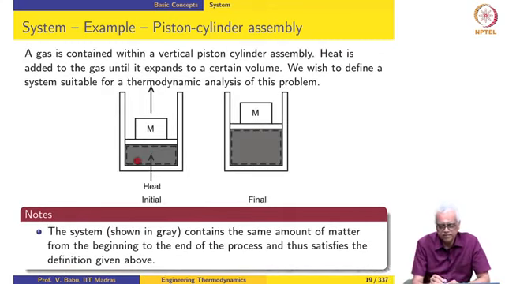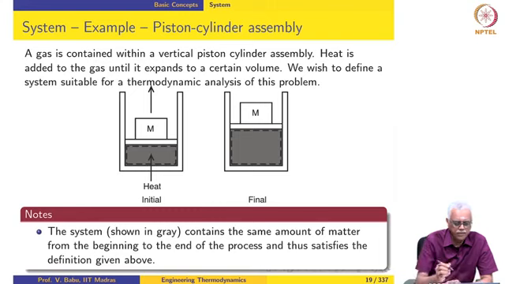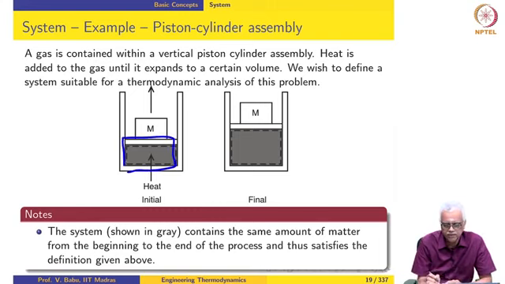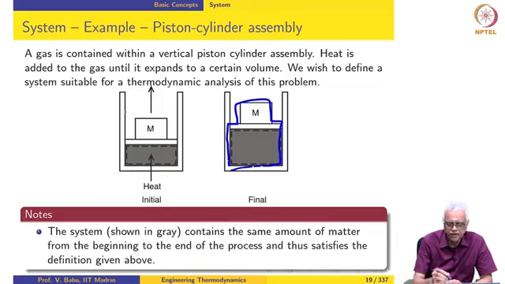So we can define the gas alone as a system, or the gas and the piston as a system. Let me just show that. So we may define the gas and the piston as the system, or we may define the gas, the piston and the mass as our system, or I may also define the atmosphere as my system, for instance like this.